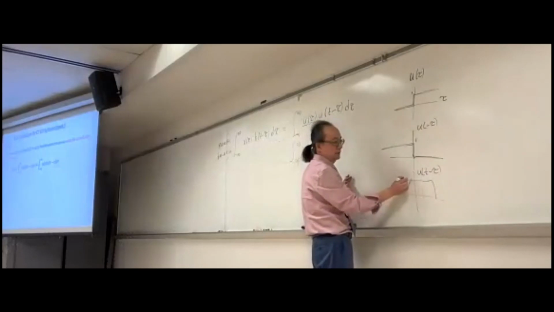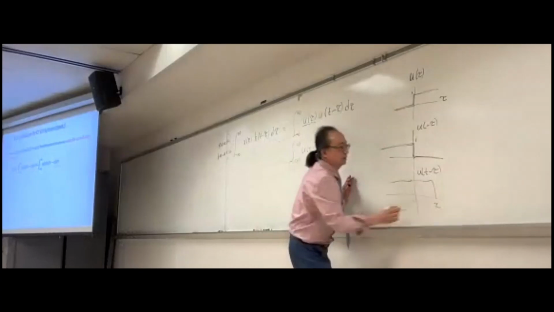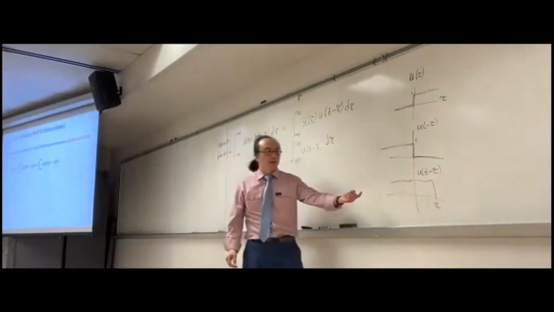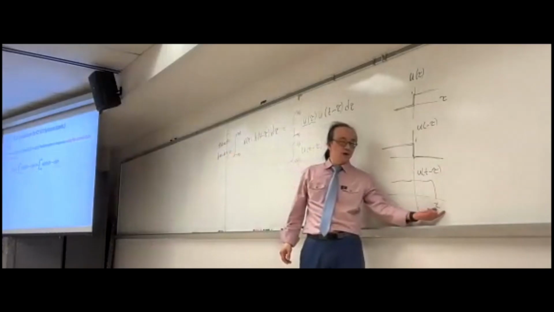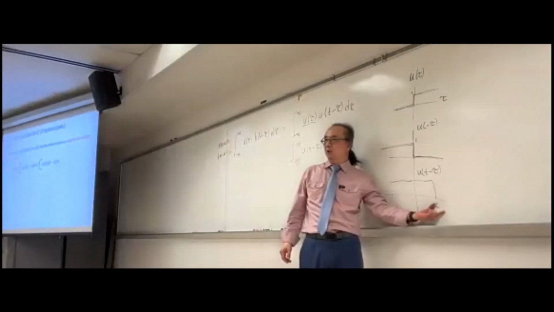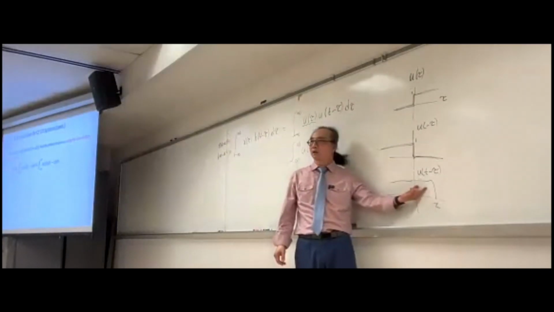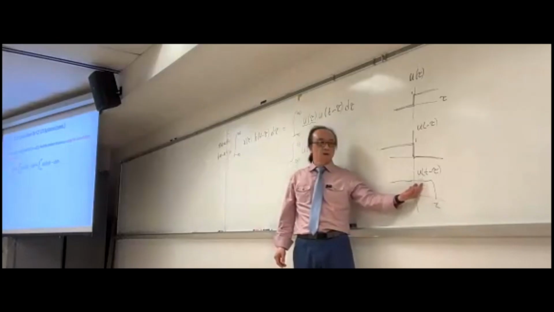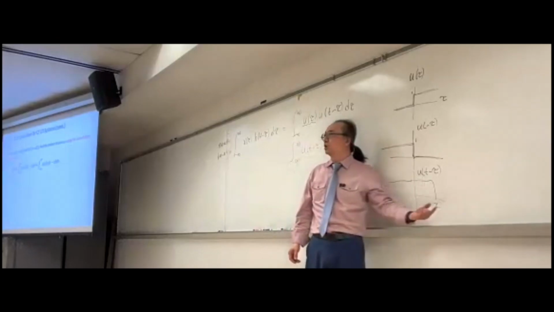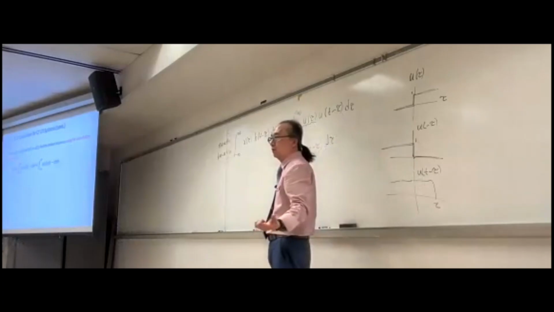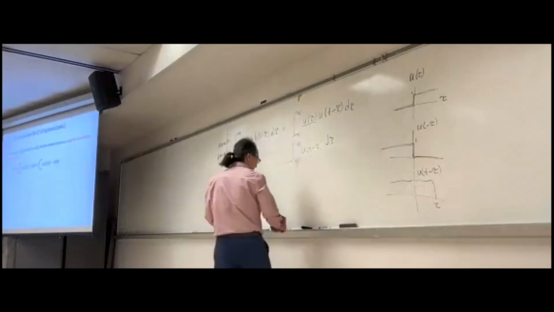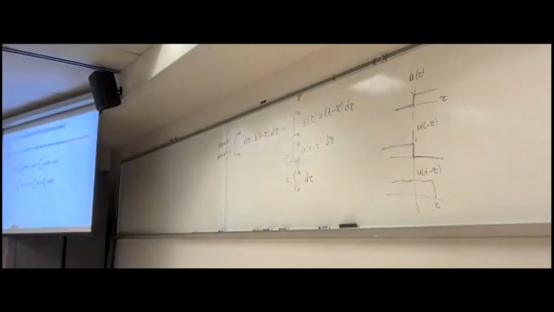Let's say somewhere in here, and we'll call it t. That means until we reach t, we can multiply the function with the signal, but after t, it's going to be 0. That gives us the upper bound.